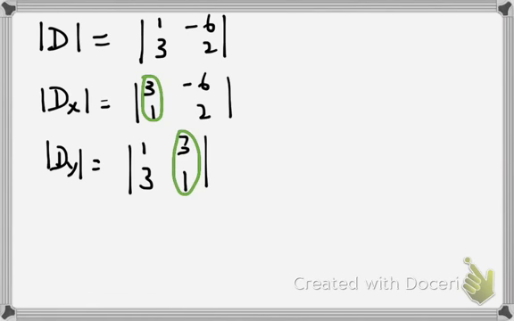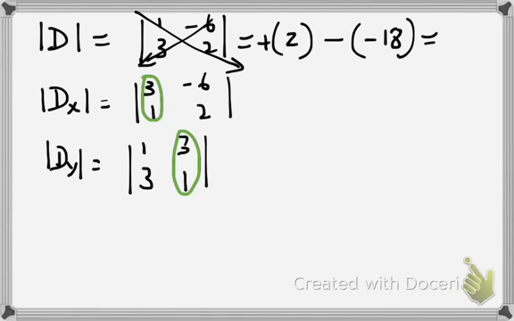So determinant D value is 1 times 2, take away negative 18. So I have positive 2 going this way, and take away negative 18 going the other way. You and I have a 20. Save it.